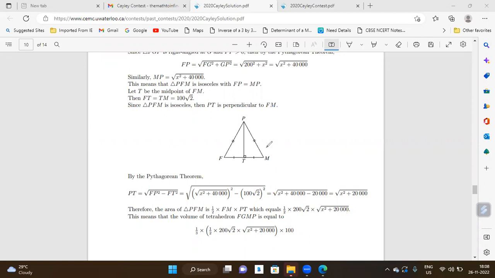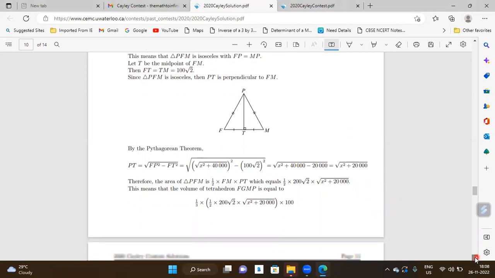And now they're going to find the volume of the tetrahedron FGMP again. We already know it's going to be one third of the triangular area of the base into the perpendicular height, right? So you're just multiplying one third times this into 100.